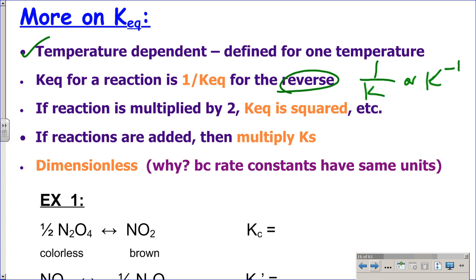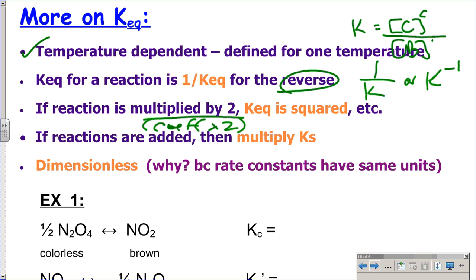If you multiply all the coefficients by 2, that means the coefficients themselves are multiplied by 2. So if you remember, for a reaction, it's C to the c power over B to the b power. I'm just making up examples here. If I multiply the coefficient by 2, essentially that translates to an exponent being changed when you go to the equilibrium expression.